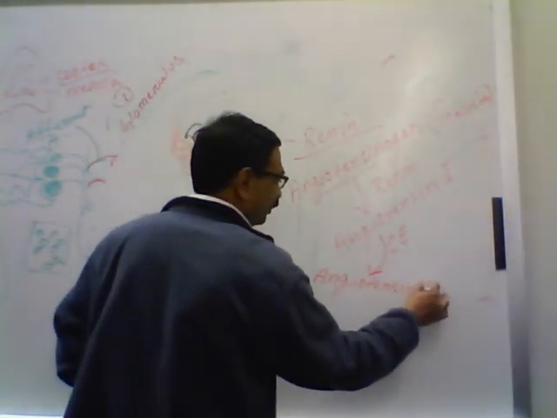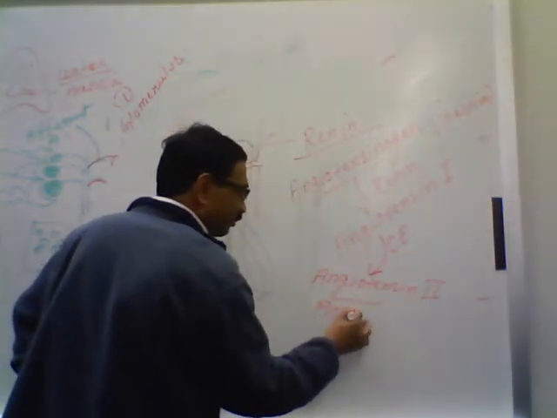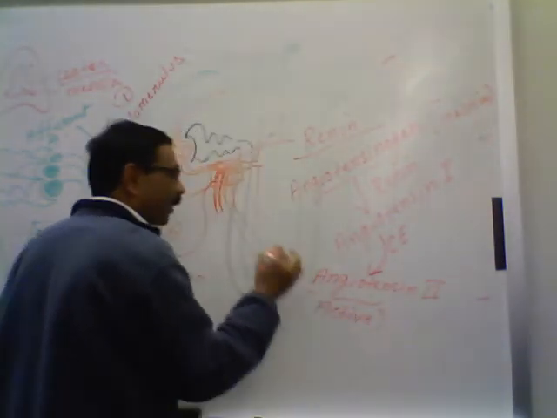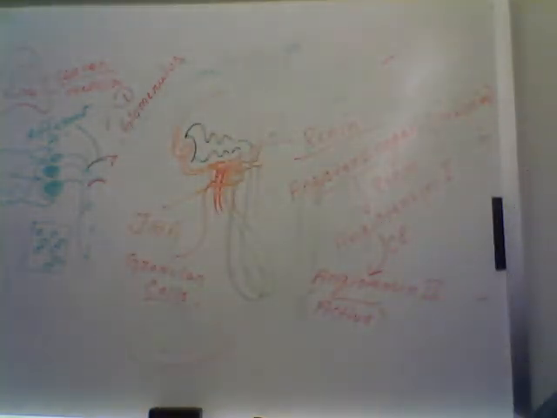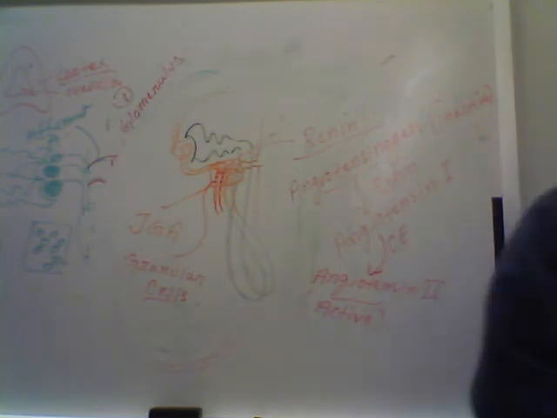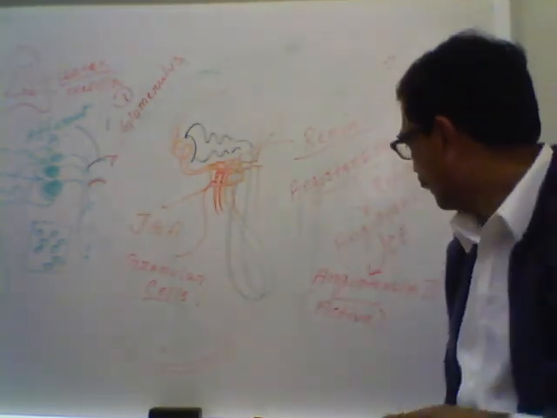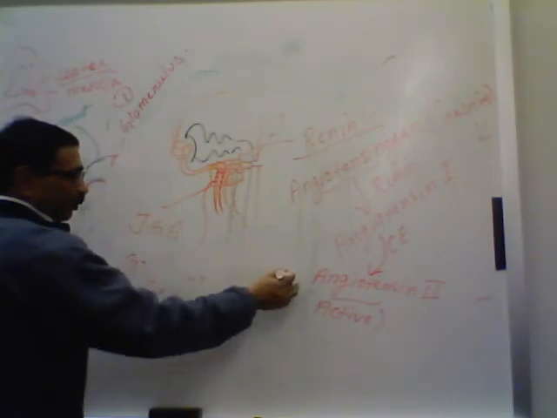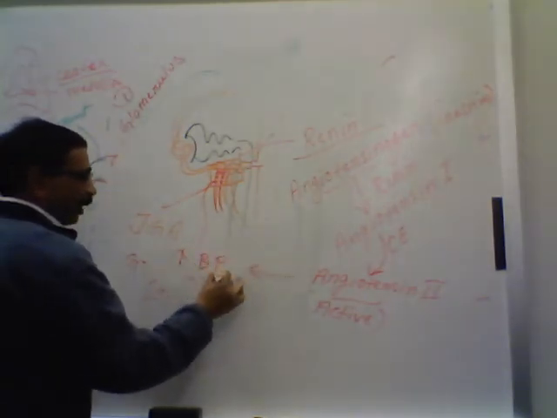Angiotensin 2 is the active form, the most active form. So that's how angiotensin 2 is formed. Now, angiotensin 2 increases the blood pressure.